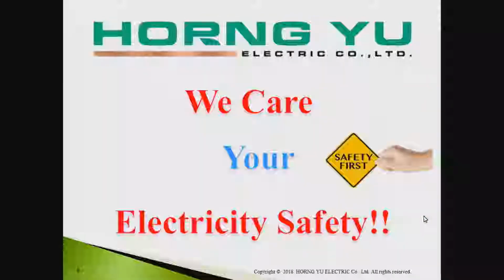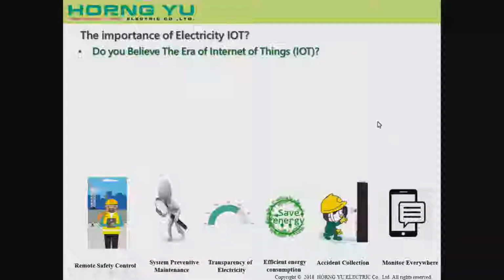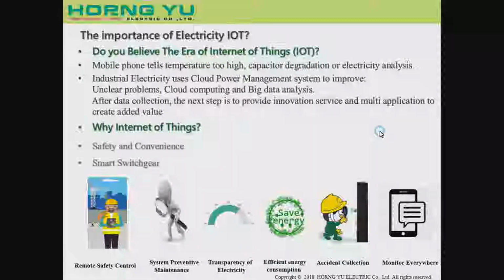We care for your safety, and this is the reason why we have to do electricity IoT. The first is that we can provide safety and convenience, so that you can work at a remote distance and have better safety for our cabinet and also for the smart switchgear.